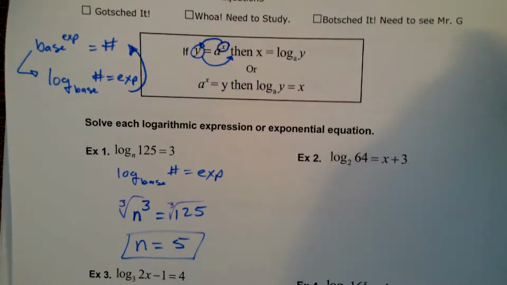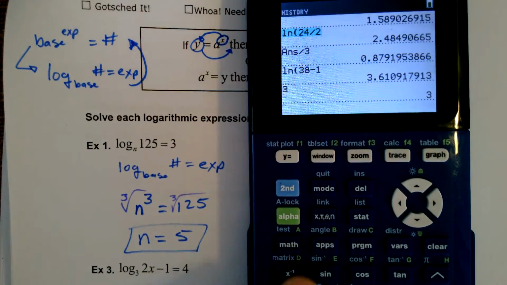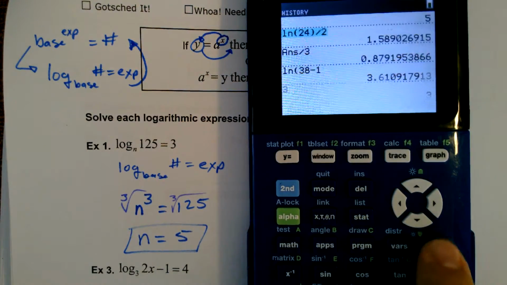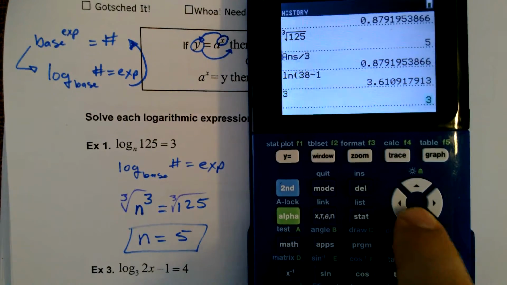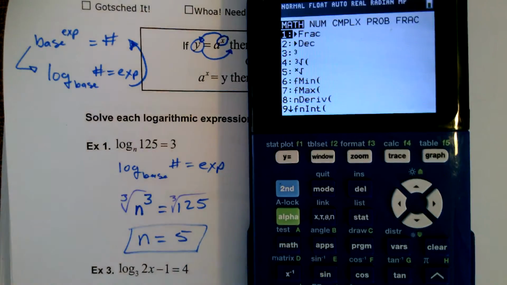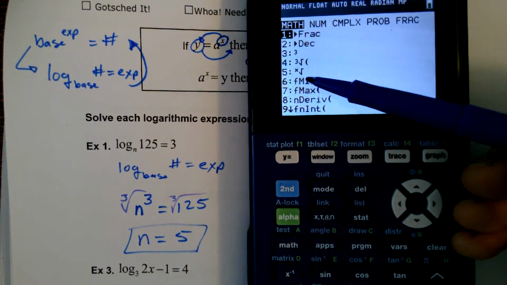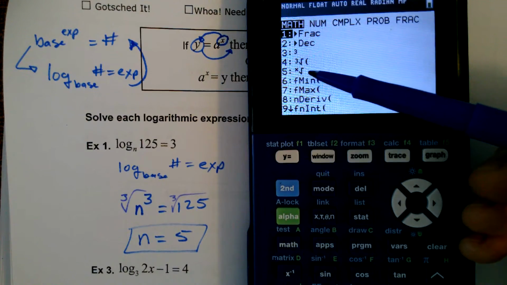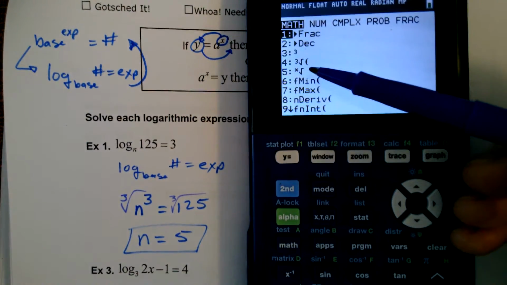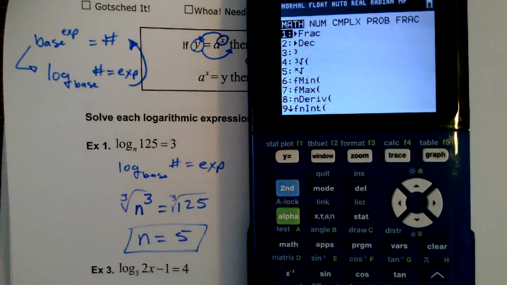Just a reminder where that's in the calculator, guys. If I go to the math menu, let me clear all this stuff out so it's not so confusing. So if I go to the math menu, it's either example 4 or number 4, or you could do number 5. If you have a TI-83 and you're doing number 5, I think you have to press 3 first and then go to the math menu.